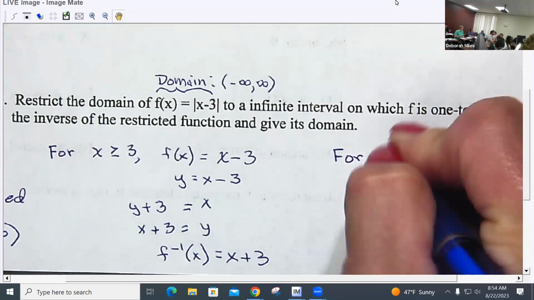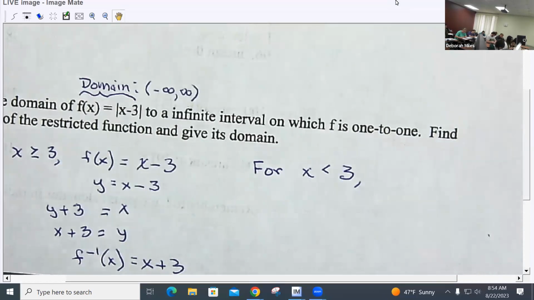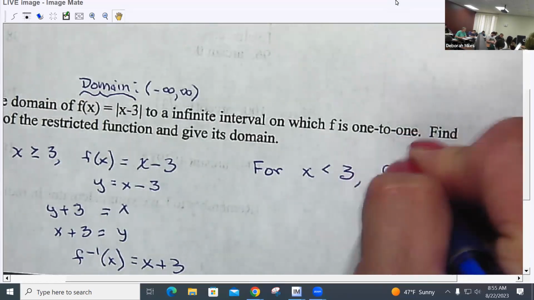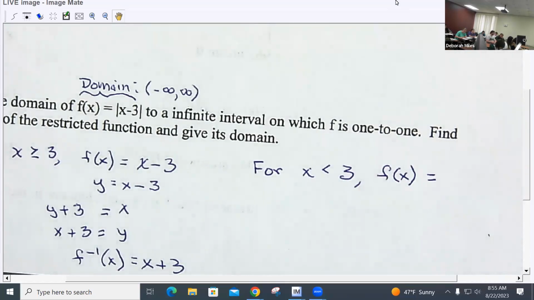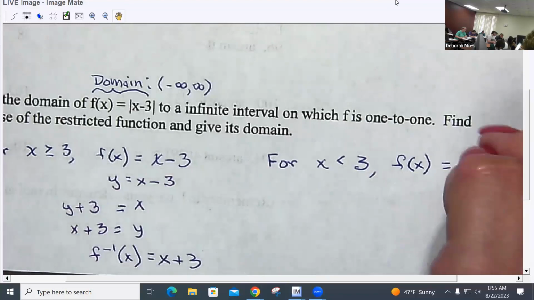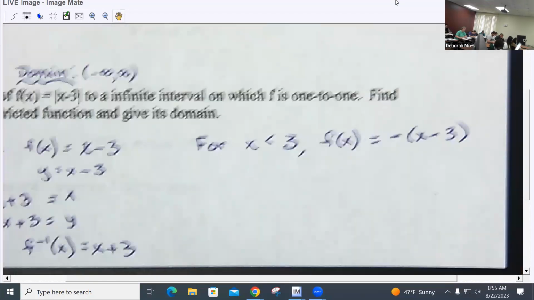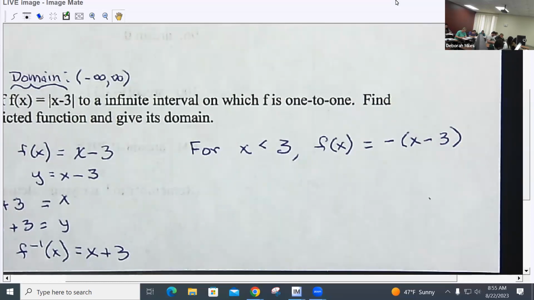Other thing I wanted to say is just this real quick. If x's are less than 3, the function is different. I wish we had time to discuss it, but you can see that that works if you plug in numbers.